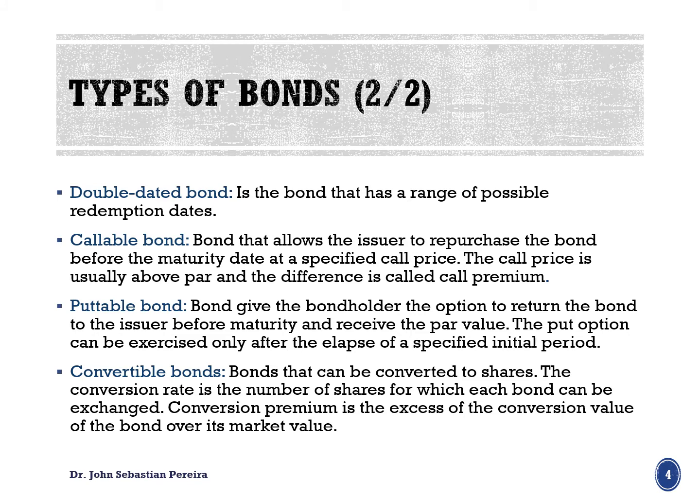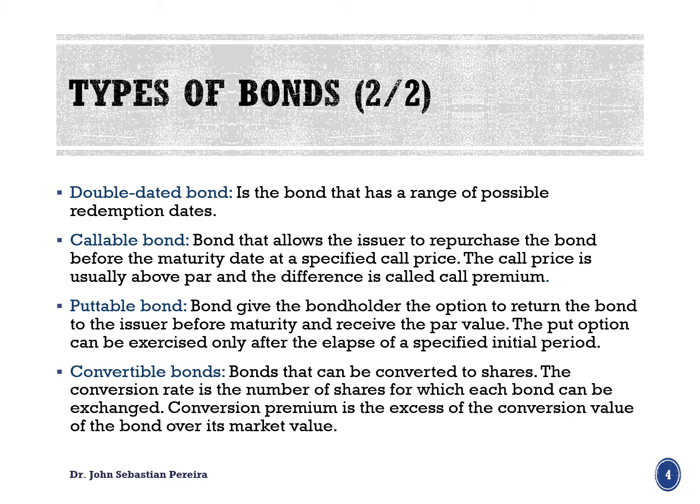Some other variations of the bond could be in the form of a double dated bond, where the bond has a range of possible maturity dates or redemption dates. Generally, these are separated by a definite amount of time, like months or years. A callable bond is a bond with a call feature associated with it. Call is a right to buy.